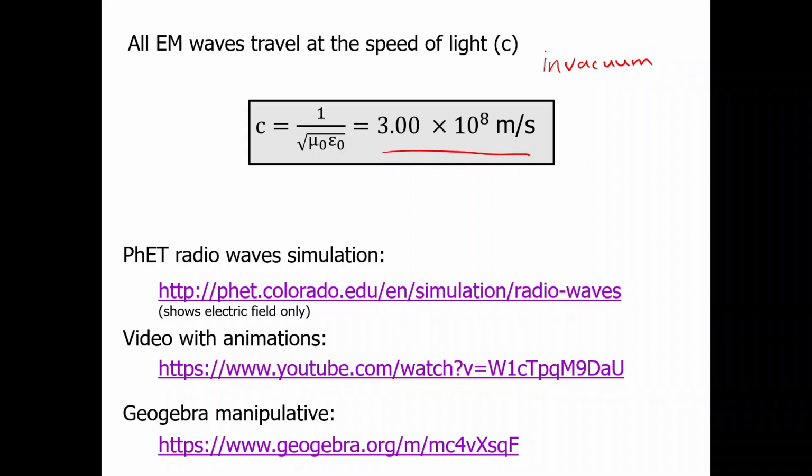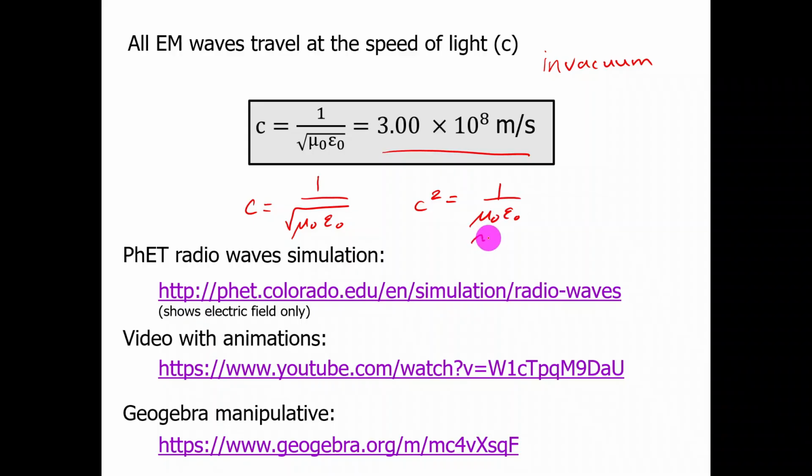It's also the same thing as 1 over the square root of mu naught epsilon naught. So remember, epsilon naught is our electric permittivity of free space. Mu naught is our magnetic permeability of free space. Sometimes you see this written as c squared is equal to 1 over mu naught epsilon naught. It's just rearranging with the square root there.